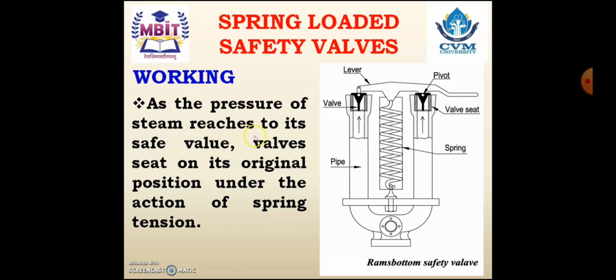As the pressure of steam reaches its safe value, the valves sit in the original position under the action of spring tension. So as the steam pressure reduces, due to the action of the spring, the lever comes back to its original position and due to that, the valve takes its original position.